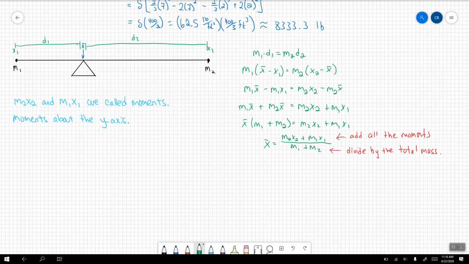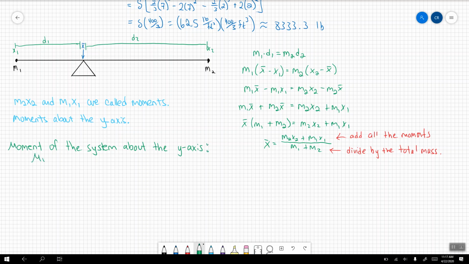So I'm going to start defining the moments that we're going to be using. We're going to be looking at the moment of the system about the y-axis.